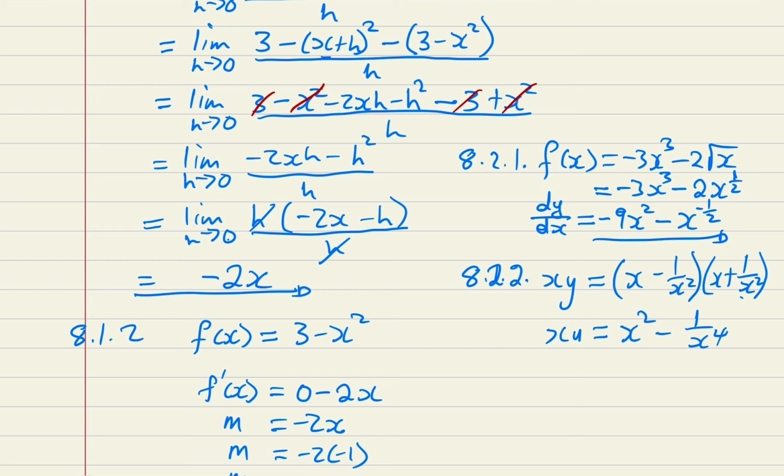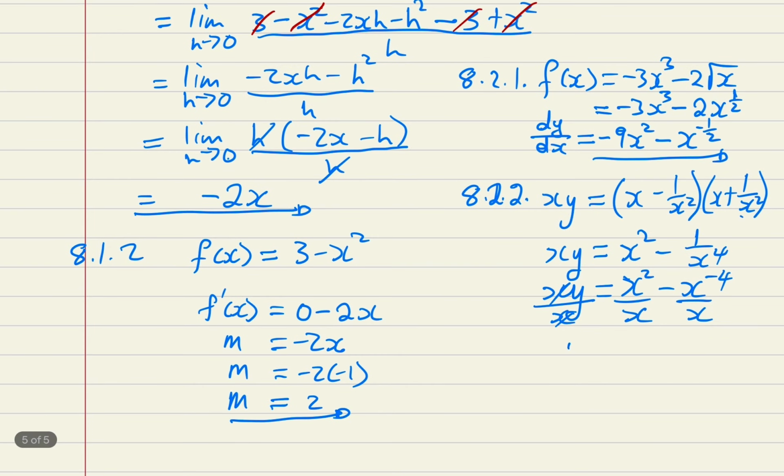This is xy, right? Then this is equal to x squared minus x to the power of negative 4. Then this is xy. We divide everything by x. We have y is equal to x minus x to the power of negative 5.